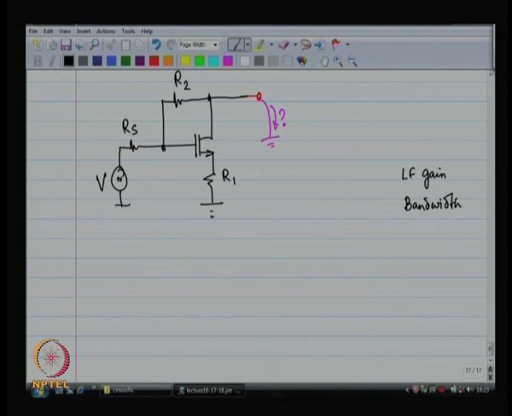As soon as I do the short circuit experiment, I can throw out RL. Okay. If there is any capacitor at the output, some lumped capacitor to ground, that also gets thrown out, etc., etc. The MOSFET is going to be replaced by a GM and an RDS.